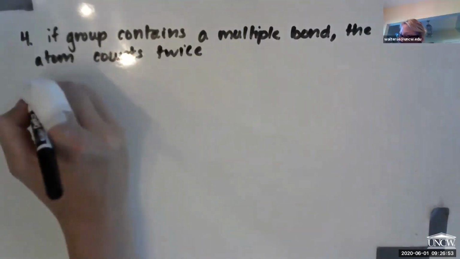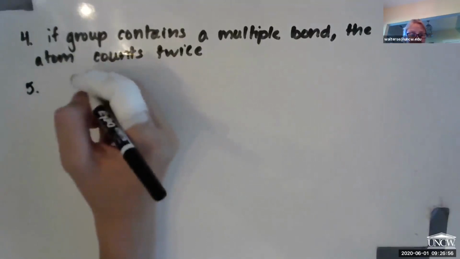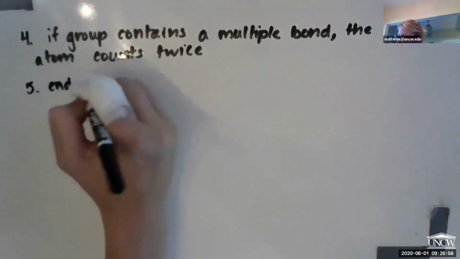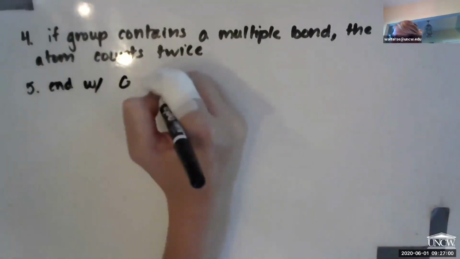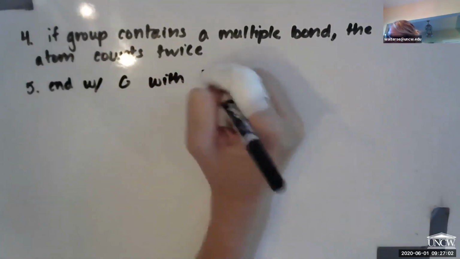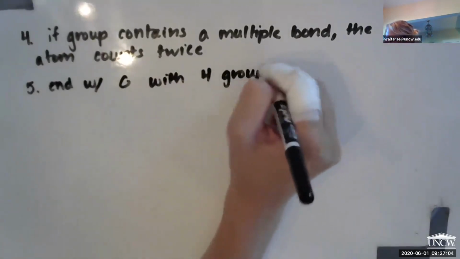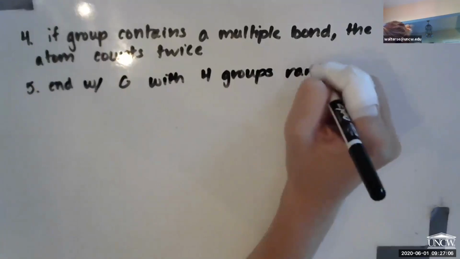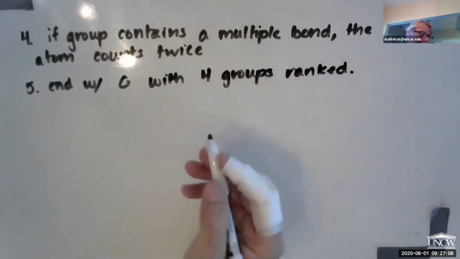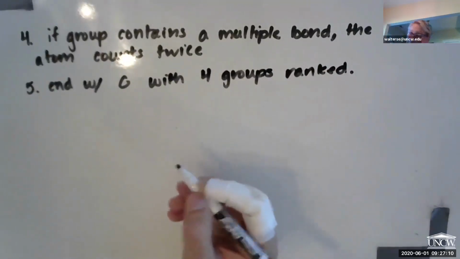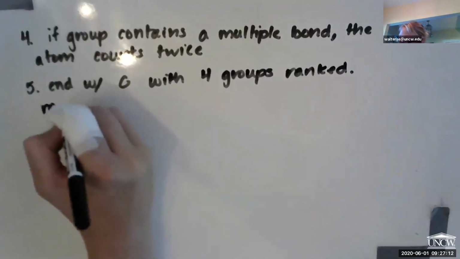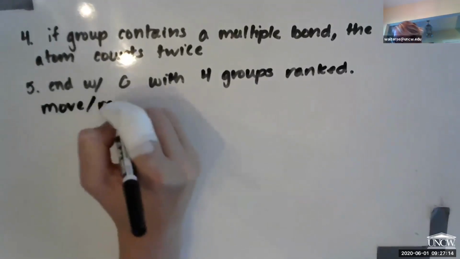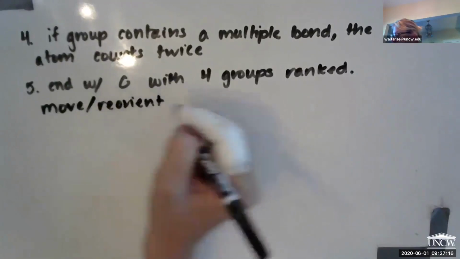Okay, so the 5th rule is that after you've done this, you end with a carbon with the 4 groups ranked. All right, so you're going to have to move, or reorient your molecule.